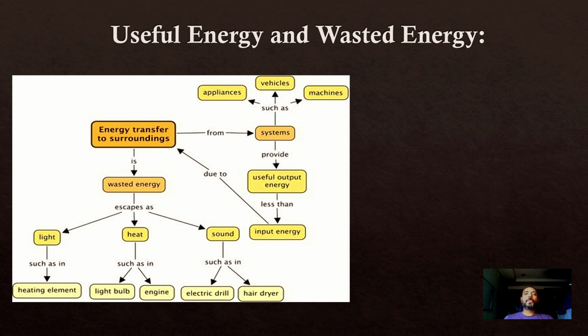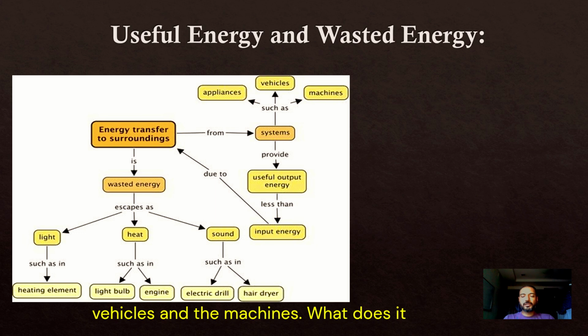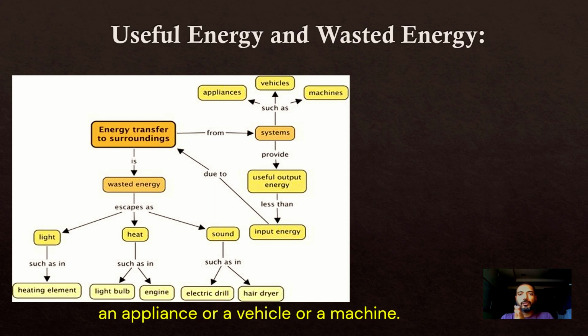The other thing can be systems, such as appliances, vehicles, and machines. What do they provide? They provide useful output energy which is less than the input energy. Why? Because of the energy transfer to the surroundings. So let's say you are using an appliance or a vehicle or a machine.